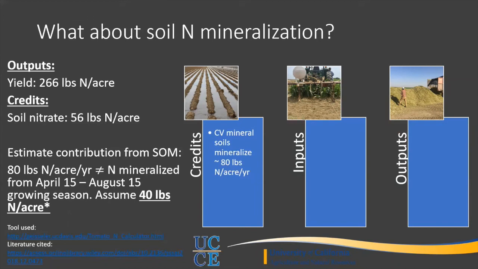Again, that's based on a study published in the literature for this area of the country that determines how much nitrogen is mineralized, not just over time, but on the basis of what the typical soil moisture is and what the ambient air temperature and soil temperatures are.